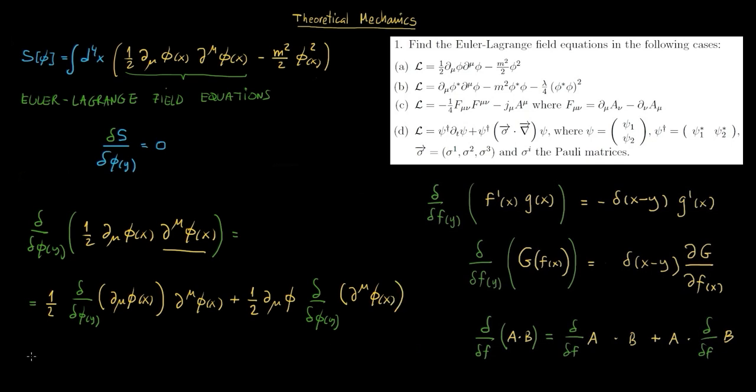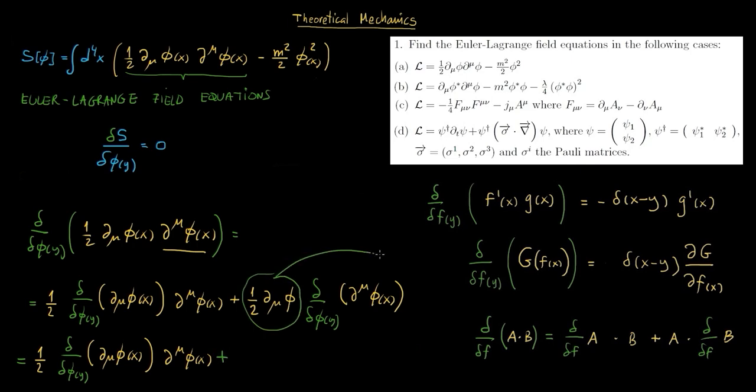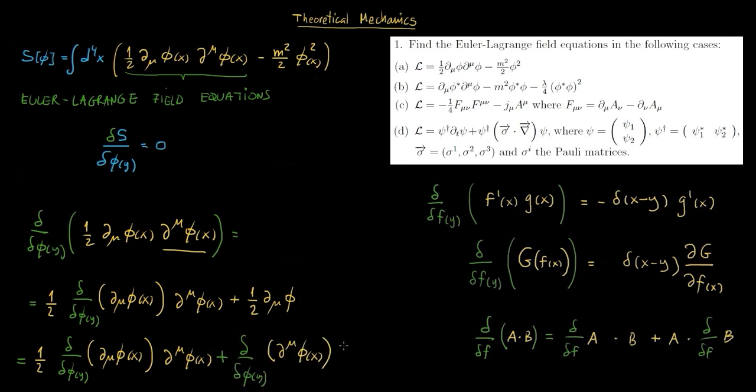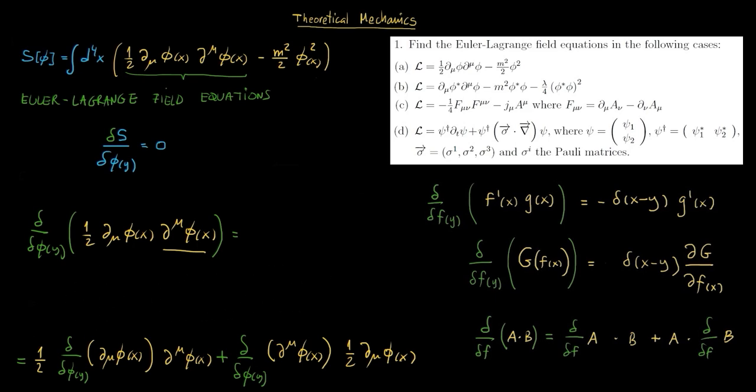But as we will see, it's convenient to rewrite this thing. This stays the same for the moment, but it's convenient to move this guy to this position. You will see why. 1/2 ∂_μ φ(x). So we can delete this and let me hide these properties to make some space.